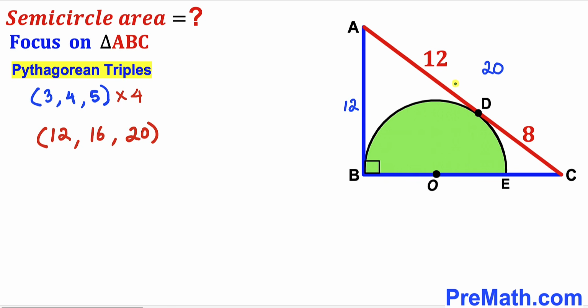Now we can see our hypotenuse is 20, this leg is 12, so this side BC has got to be 16 units.